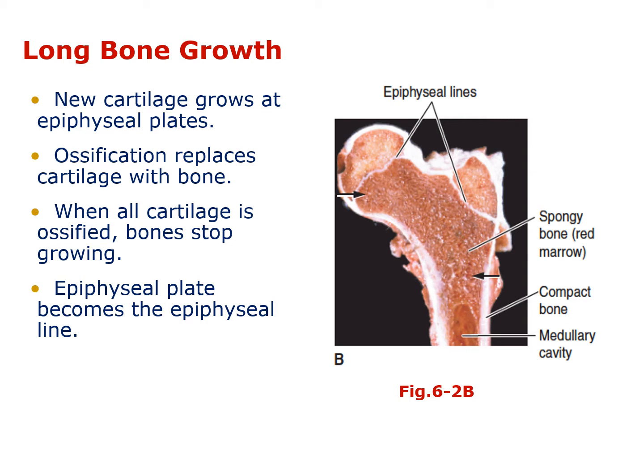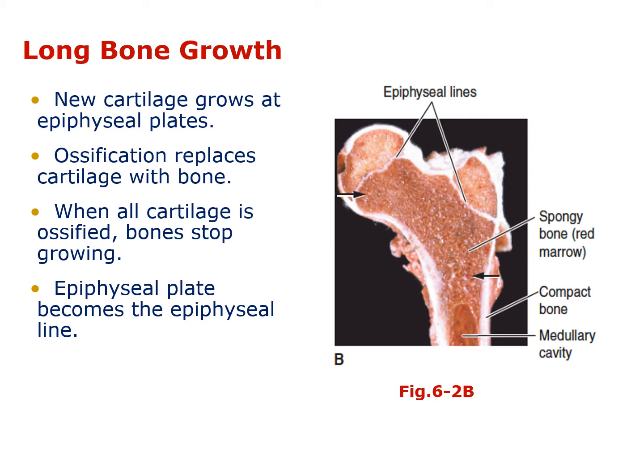And these are growth areas of the bone. Now, this is where your long bones grow from. Okay? Talking about your radius, your ulna, your humerus, your femur, your tibia, fibula. All those long bones grow from this growth plate.